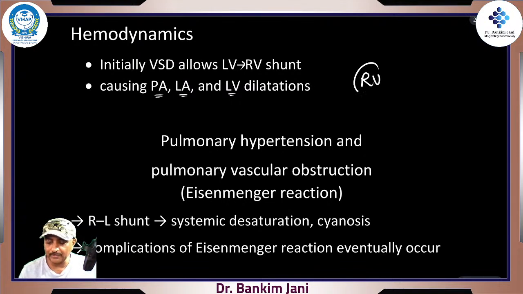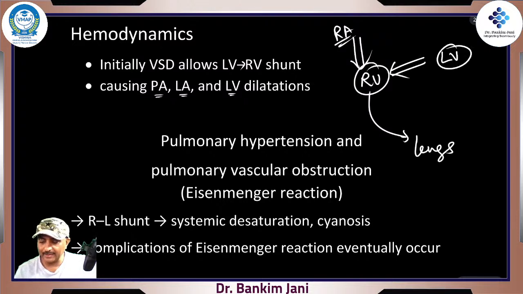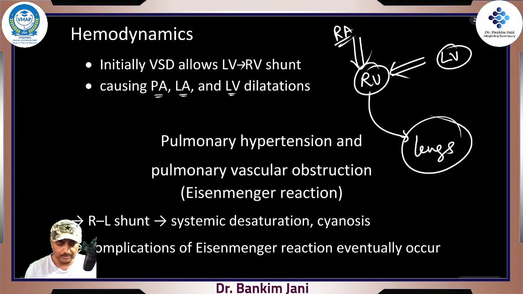From the right ventricle it is going into the lungs. Whether the extra blood was coming from the right atrium via the atrial septal defect, or via the left ventricle through the ventricular septal defect, finally it is going to lead to pulmonary congestion. So this is bound to develop in any of the left to right shunts.